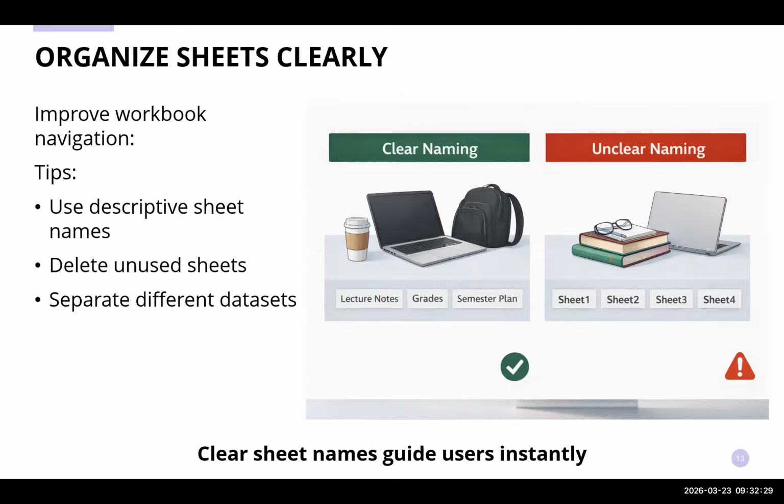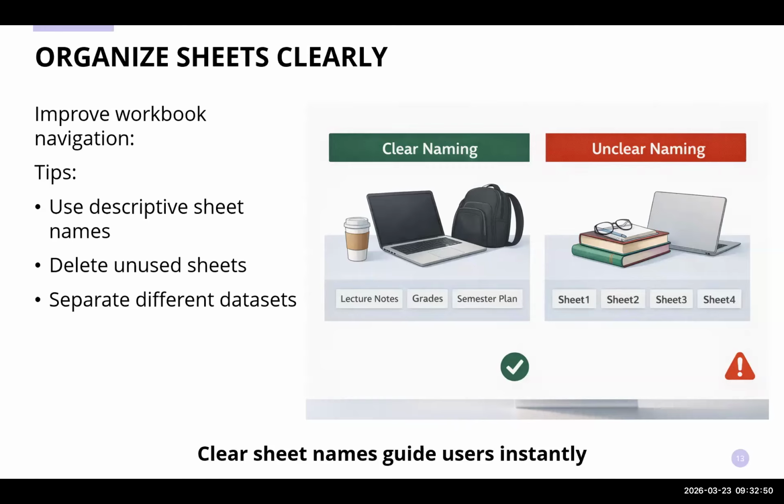Next, delete any unused or unnecessary sheets. Extra sheets with no data or notes can be really confusing, especially for users with screen readers and other assistive technology, because they navigate through every sheet sequentially. So it can just be an add-on for them.